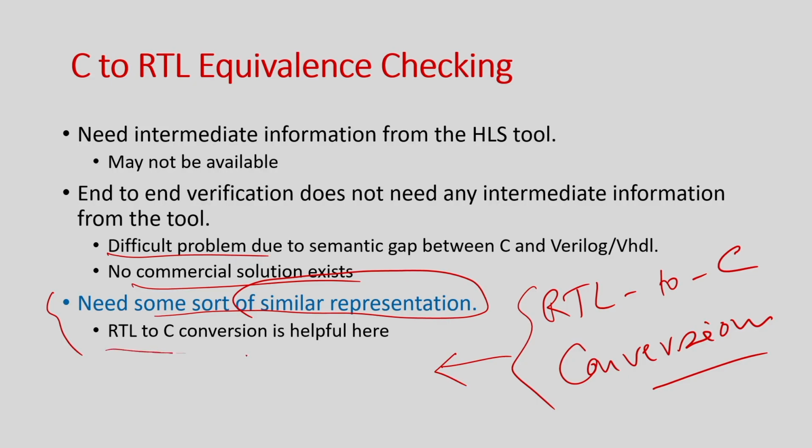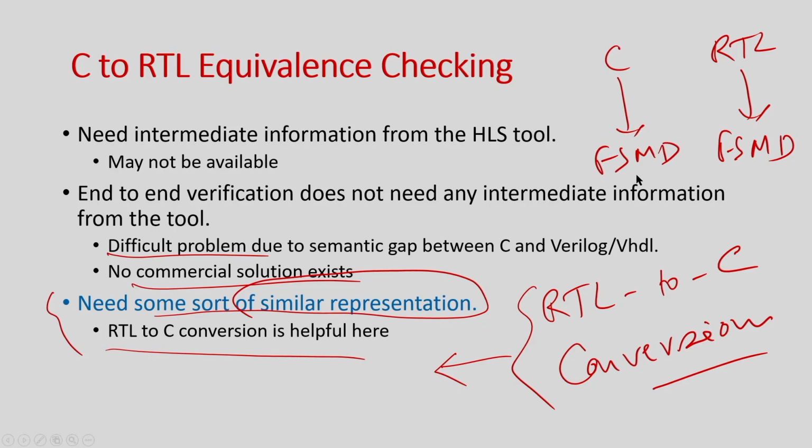It converts the RTL to FSMD, and I have the input C which we can represent as an FSMD, as we already discussed in the last class. So, now I can check equivalence. That is the way I am going to do it.